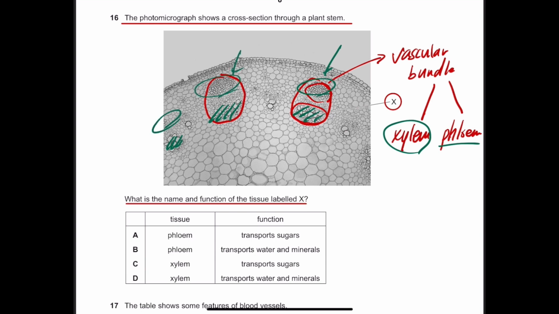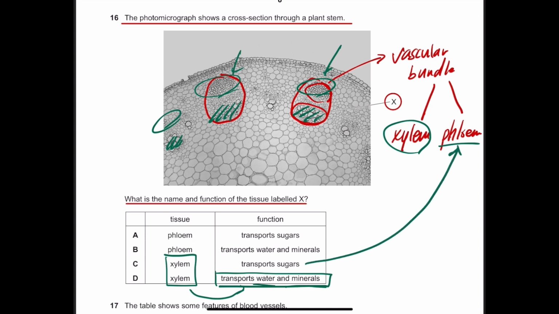Okay, outer sides. So in this case, X is of course xylem, so the answer is either C or D. And the function of xylem is to transport water and minerals. Transporting sugars is the function of phloem.